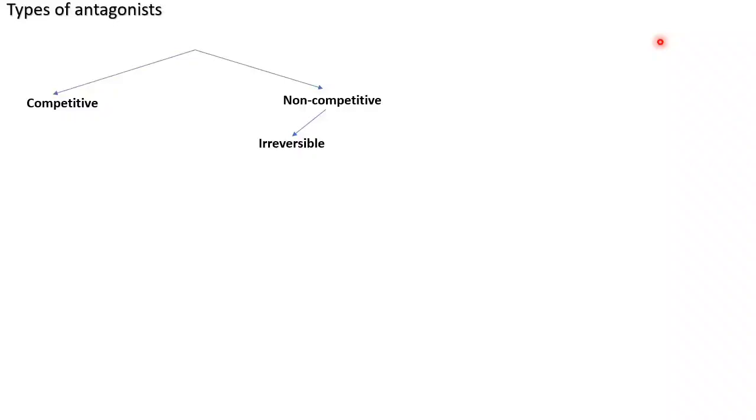So that means increasing the dose of the agonist cannot displace the antagonist, because this receptor is no more functional. The antagonist made an irreversible bond with it. This receptor would work again when the body synthesizes new receptor.